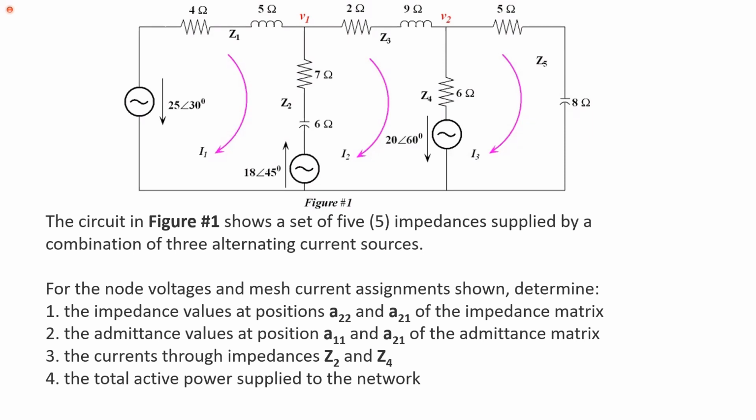You could either use mesh analysis or nodal analysis. Of course, parts 1 and 2 of the question force you to form both the impedance and admittance matrices. So notwithstanding the method that you're going to be using, you will still need to look at both matrices.